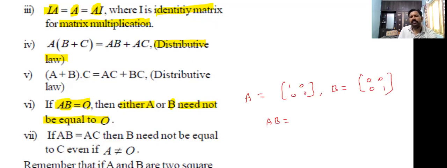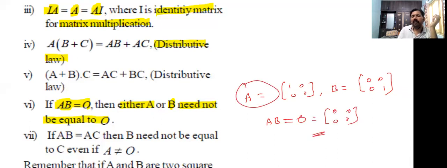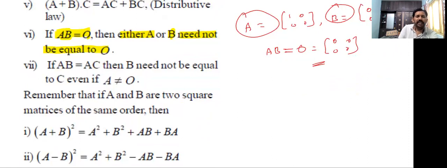Its product is the null matrix, that means 0, 0, 0, 0. Observe here, A and B are not null matrices. So finally, AB equal to 0 does not mean either A or B must be equal to 0.